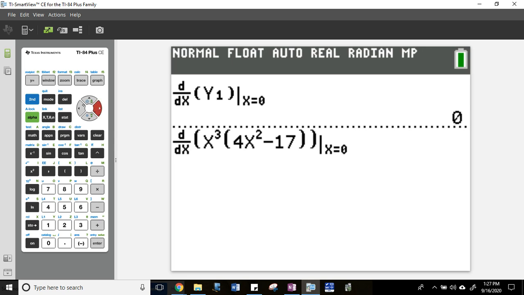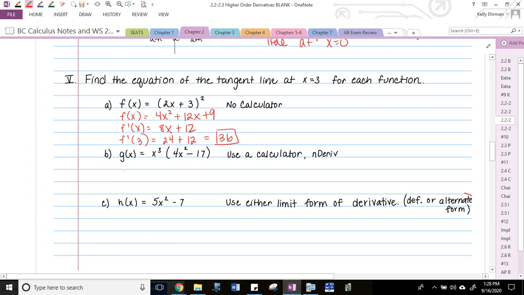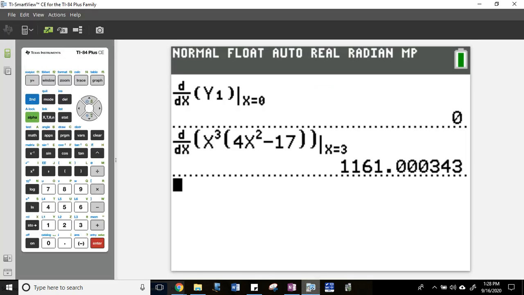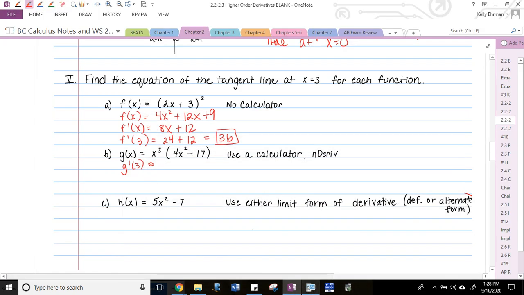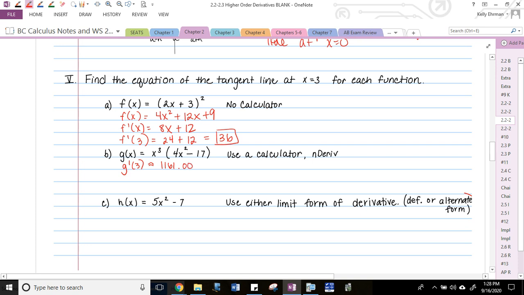We want to evaluate the derivative at x equals 3. If you were doing this on a calculator portion of the test, you would just say g prime of 3 is about equal to, there's nothing to show, you would just put down your answer, 1,161. We always round to 3 places for calculus, so 0.000.